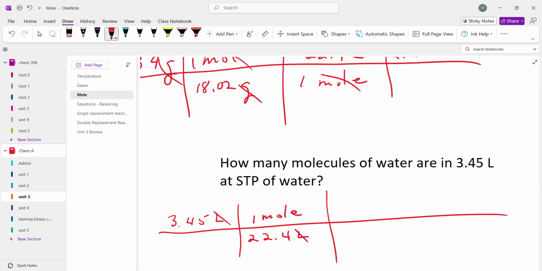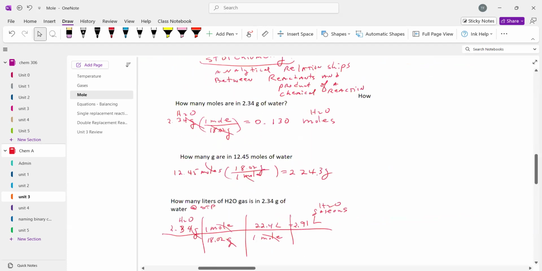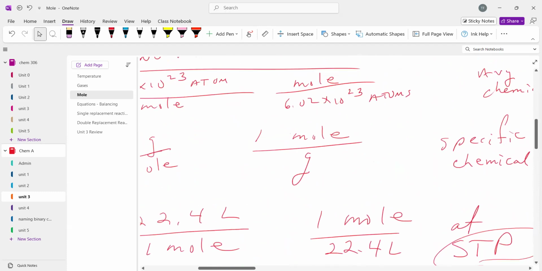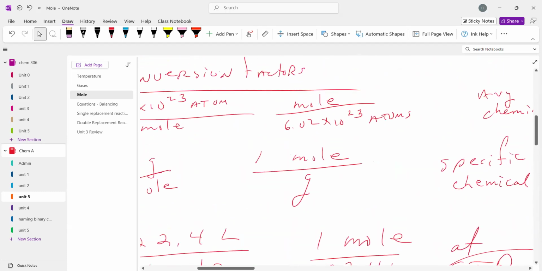By the way, that is officially given a name. Avogadro discovered that. So that number is Avogadro's number.